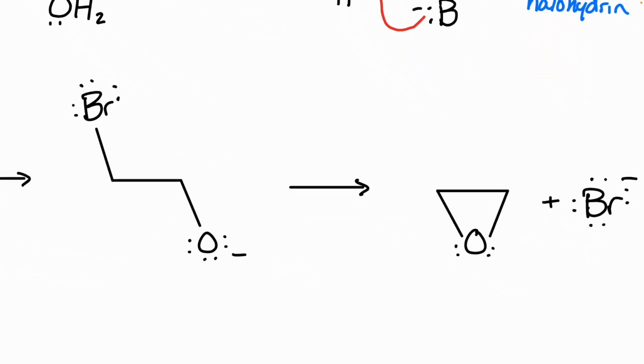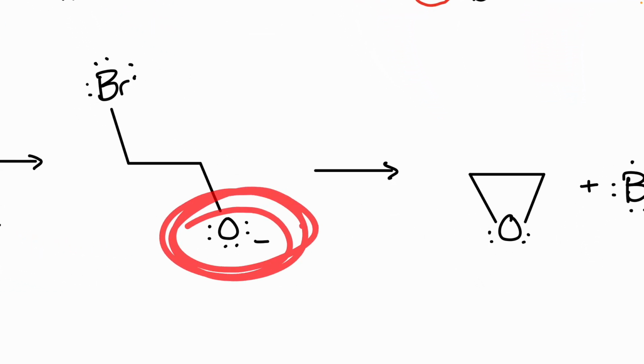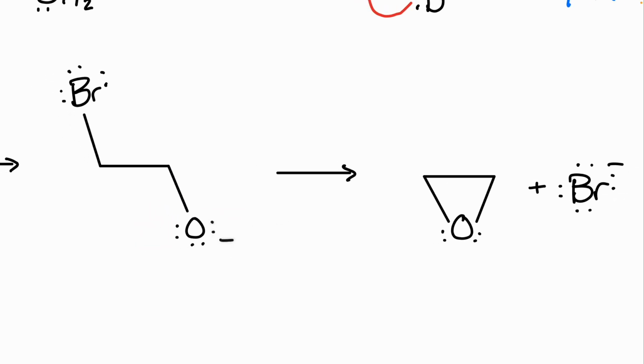So we can note we have our alkoxide intermediate, my deprotonated OH group. Now we need to do this next step where we're going to create a new carbon-oxygen bond and remove this carbon-bromine bond right here.